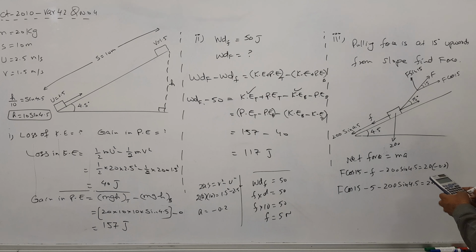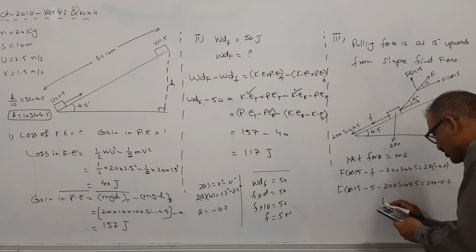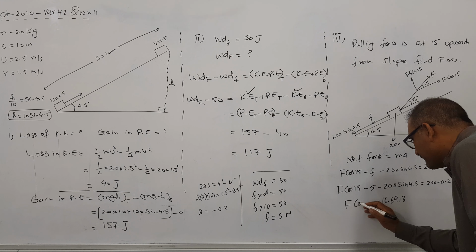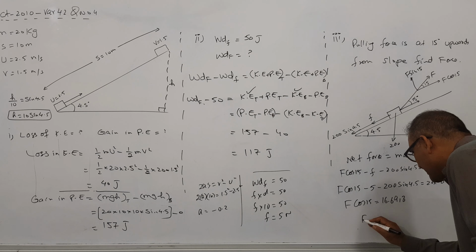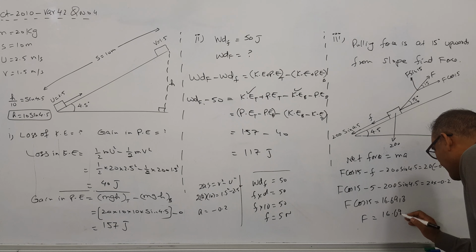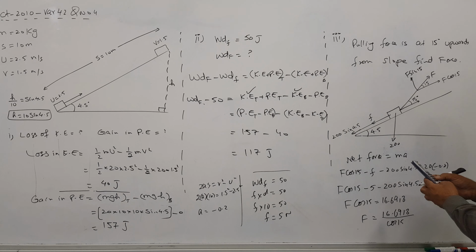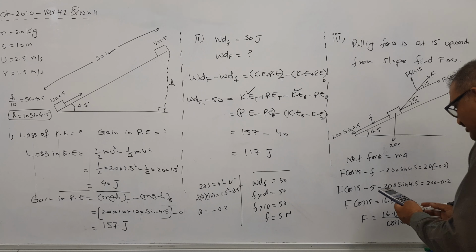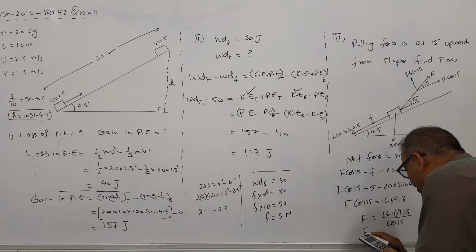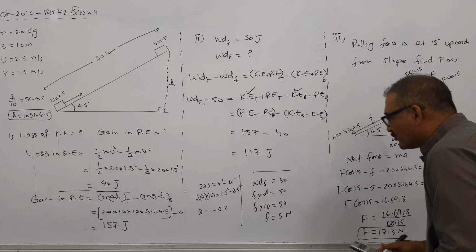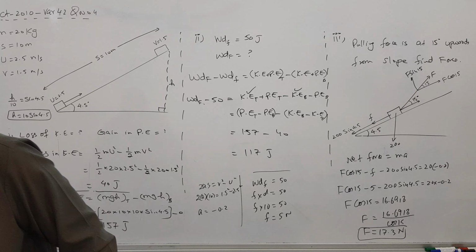I get 16.6918 for F cos 15. If I divide by cos 15, the answer is coming 17.3 newtons. This is my force, and that's it.